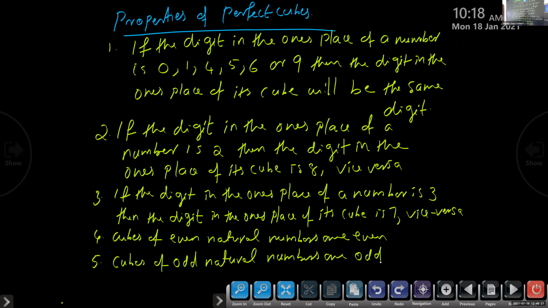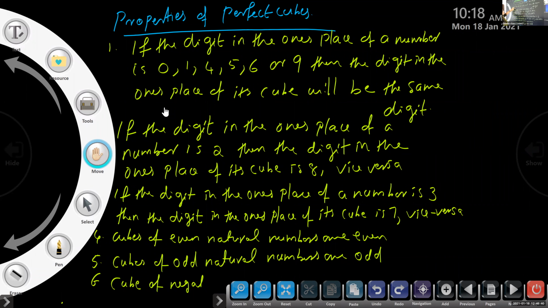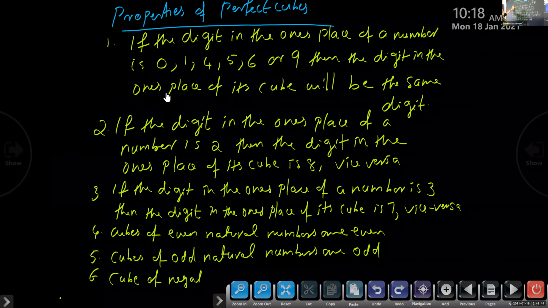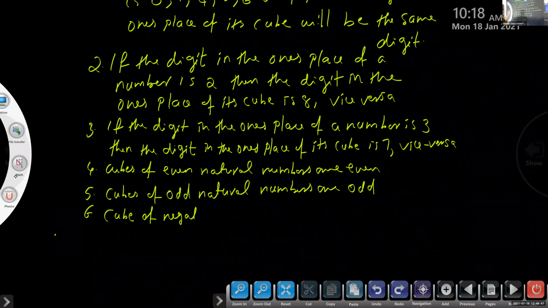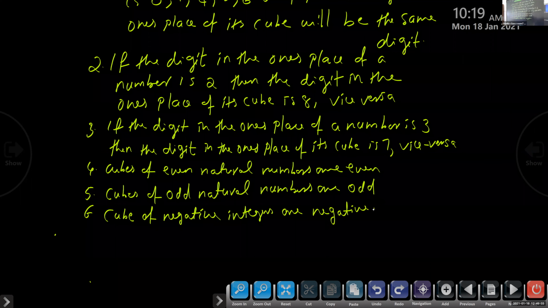Cubes of negative integers are negative.